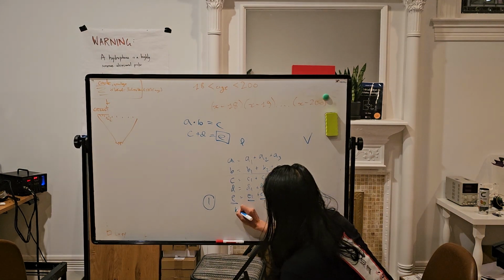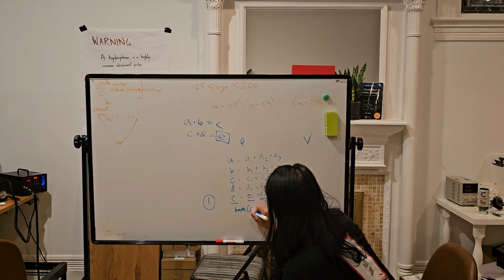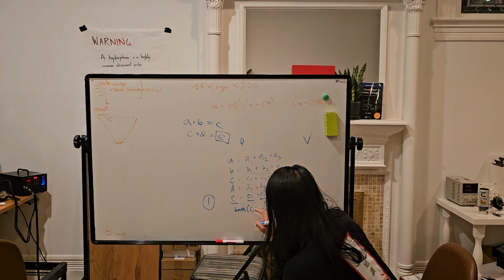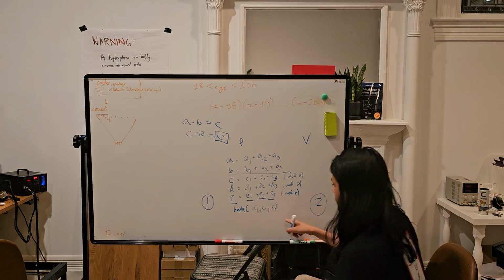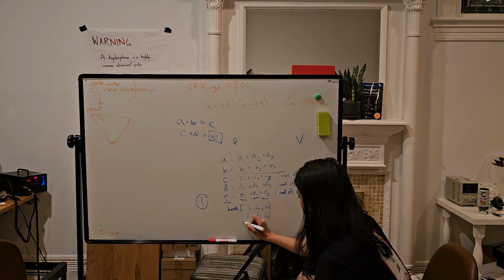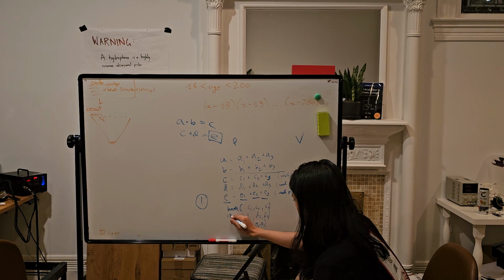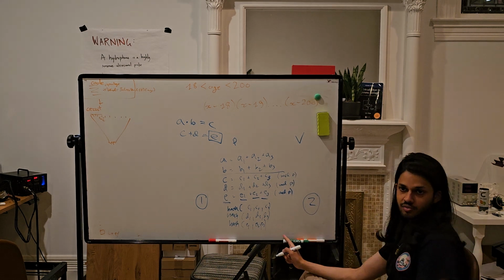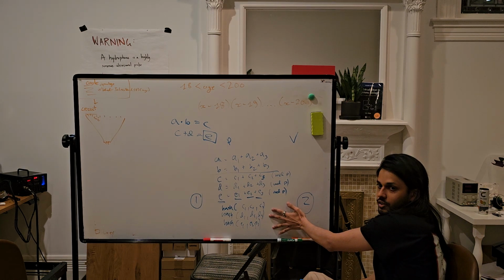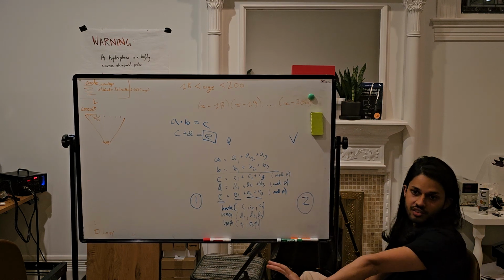So I'm going to output the hash of C1, C2, C3, D1, D2, D3, and E1, E2, E3. You don't even need C, for simplicity. Now I have these three values that have been output, and you can think of them as committed to. I cannot change them anymore.